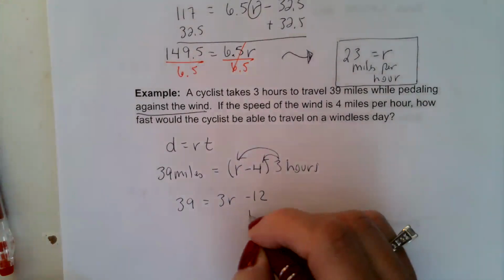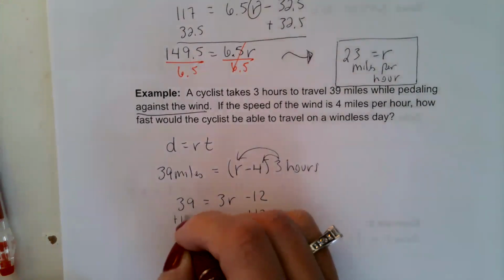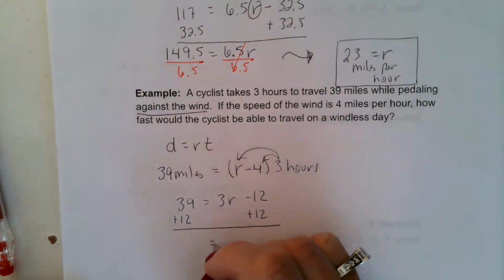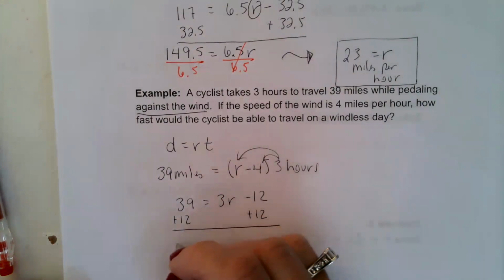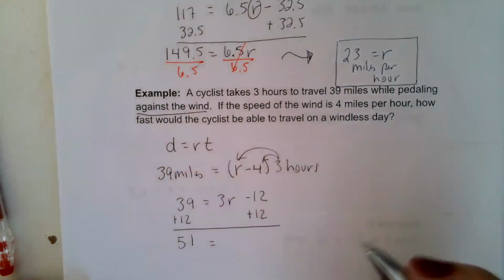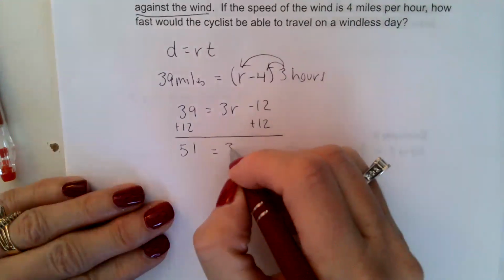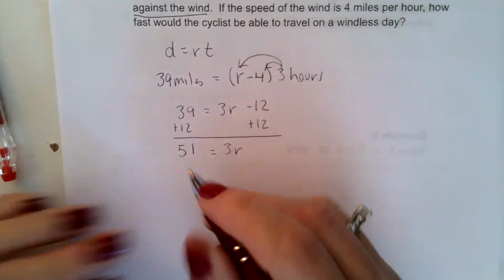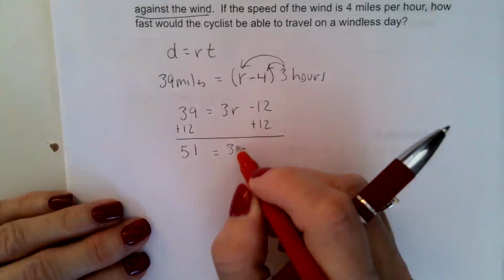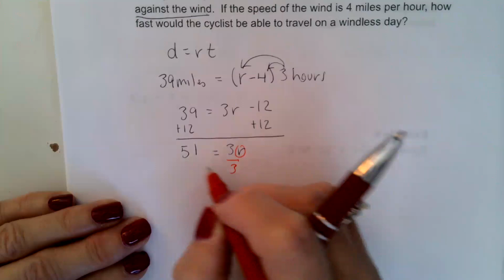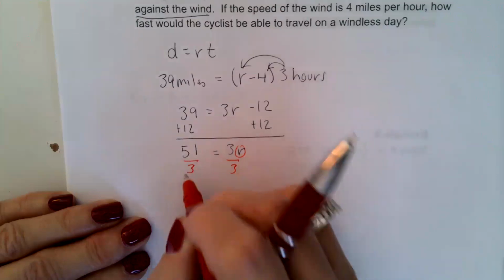I'm going to add 12. And so we have 51 equals 3r. And to solve for r, we're going to divide by 3.